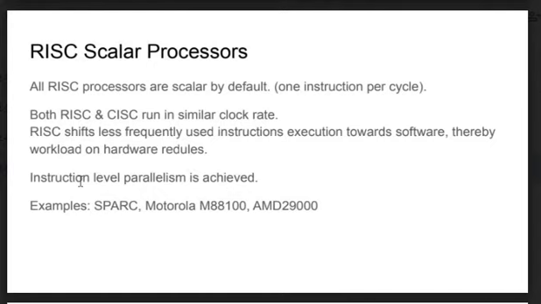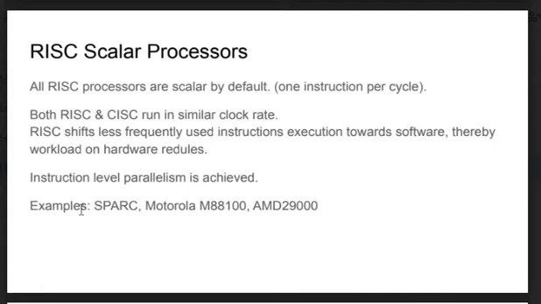If that had not been implemented back then, today it would take 1 hour to reserve a seat, even though we are using the internet. So instruction level parallelism was the best and a very important development supported by RISC scalar processors. Hence today's technology has evolved to this level.